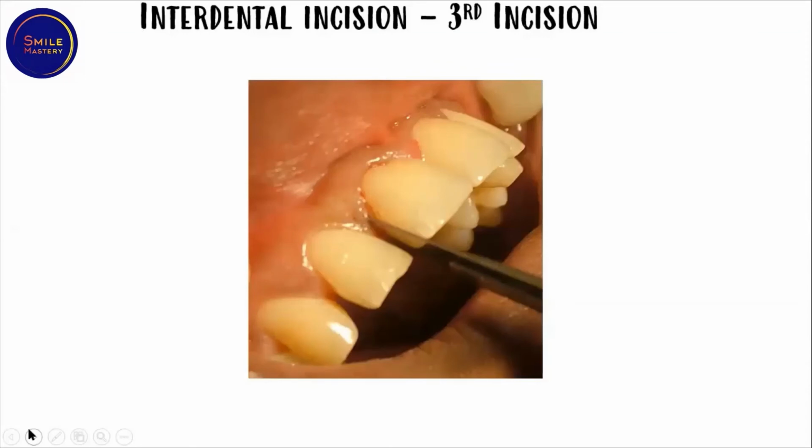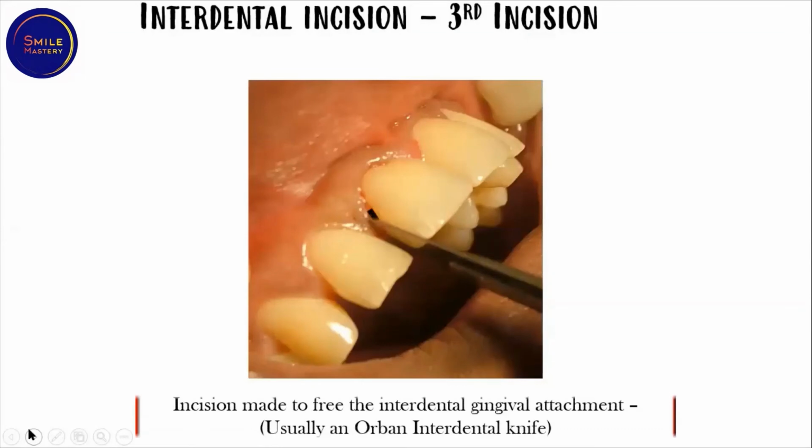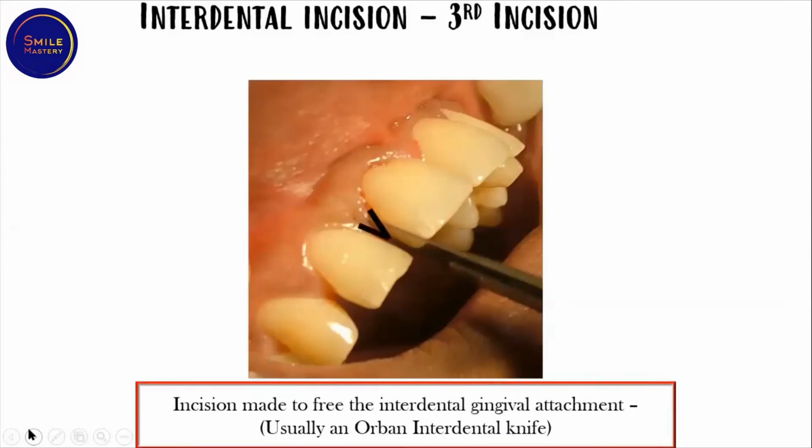The same crevicular incision continues towards the interdental region, and as shown here, when you reach the center of the papilla, cut there, and turn your blade to continue towards the adjacent tooth as your next crevicular incision.